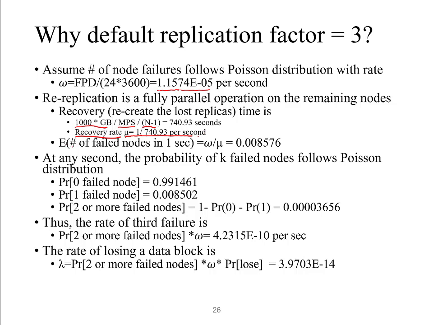Then the expectation of the number of failed nodes in 1 second would be omega over mu, which equals this number. Basically you can understand this expectation in this way.